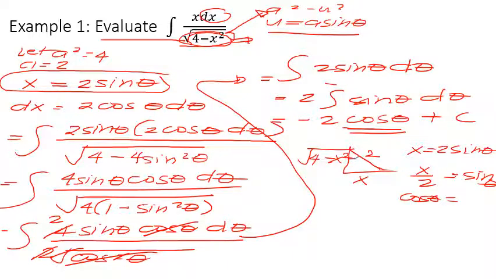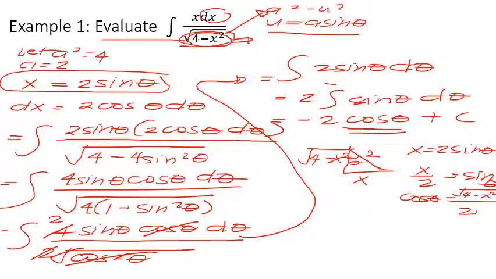If this is the angle, then your opposite is x over 2, and cosine theta is adjacent over hypotenuse. So you have the square root of 4 minus x squared over 2. So your cosine theta is equal to the square root of 4 minus x squared over 2.